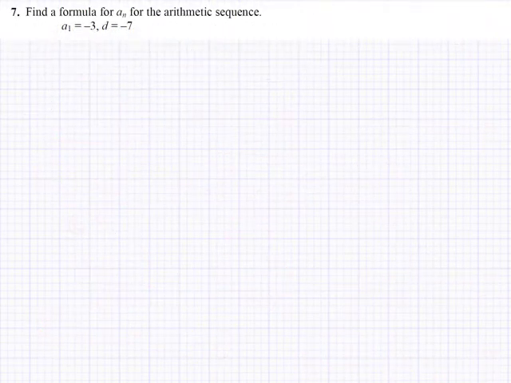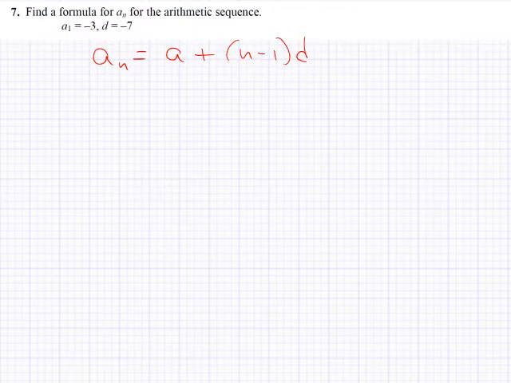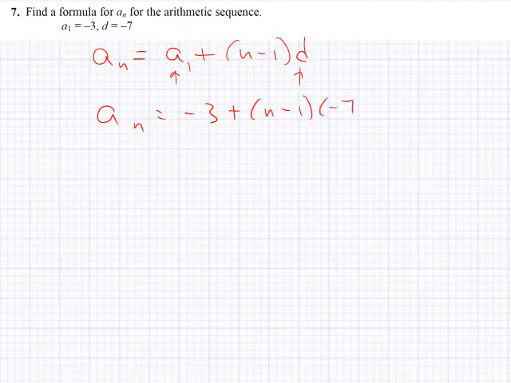Okay, here we need to know the formula to find the nth term of an arithmetic sequence, and that formula would be a sub n equals a plus (n minus 1) times d. In this case we have a sub 1 and we have d, so it's pretty simple. a sub n equals negative 3 plus (n minus 1) times negative 7.